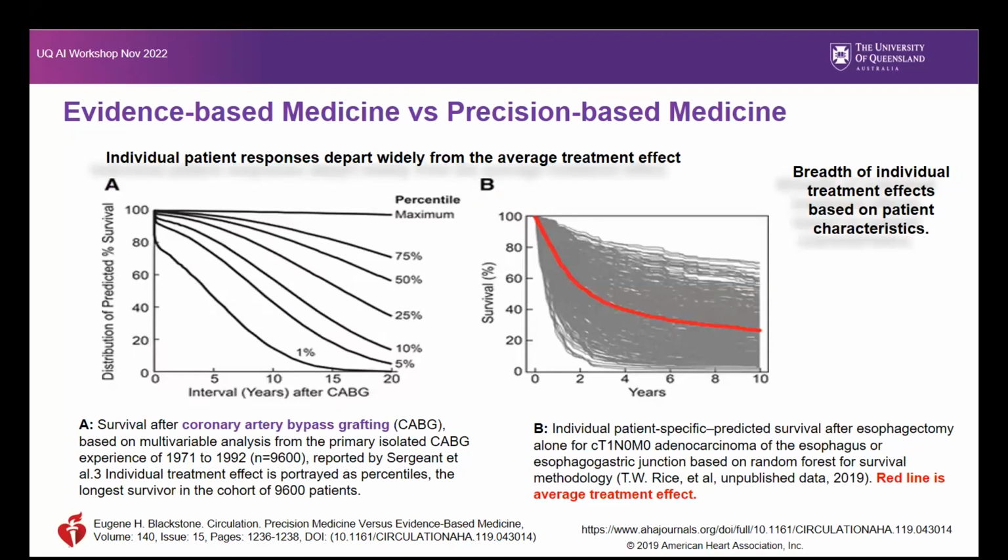Here are some examples. For example, coronary artery bypass grafting operations here. Different patients may have different outcomes. And on the right-hand side, if there are so many patients for the same operation, the average is the middle of the line. So which patient would get the best survival rate after 20 years, for example?